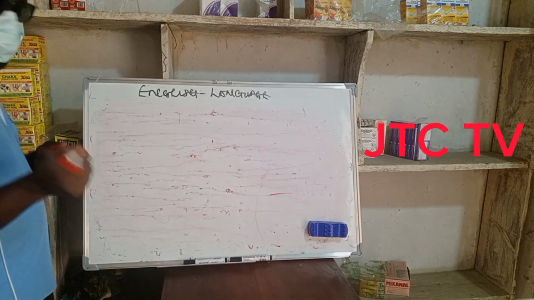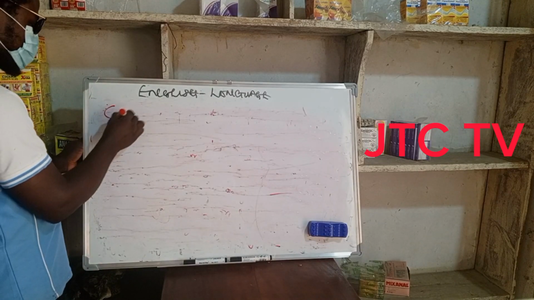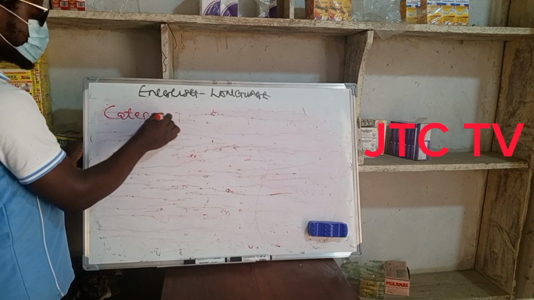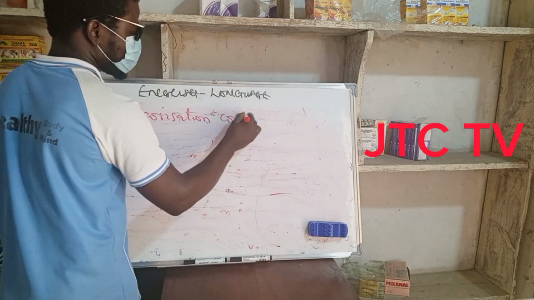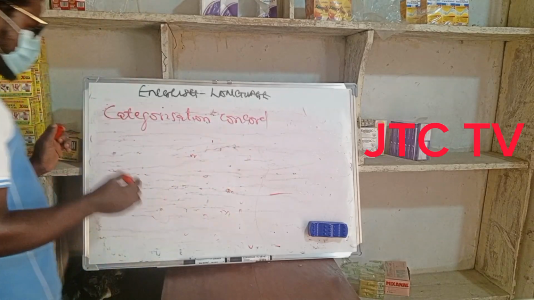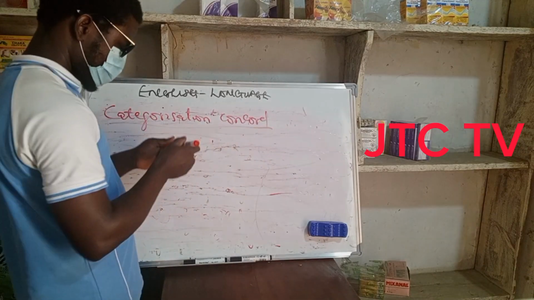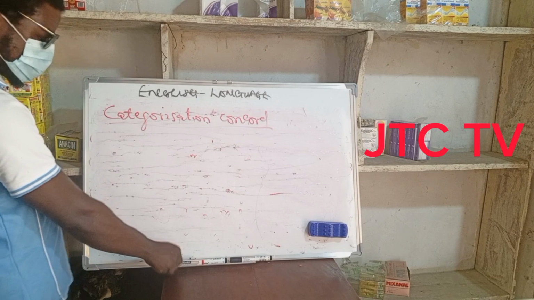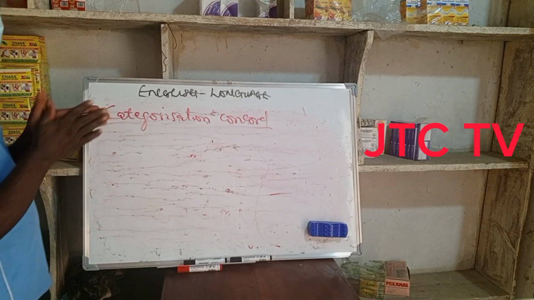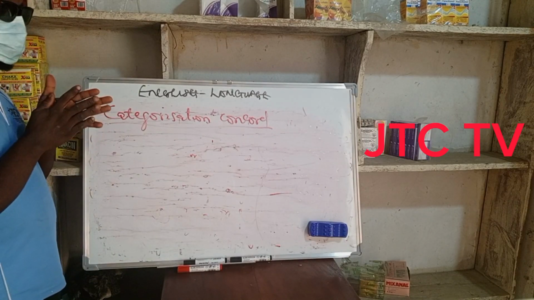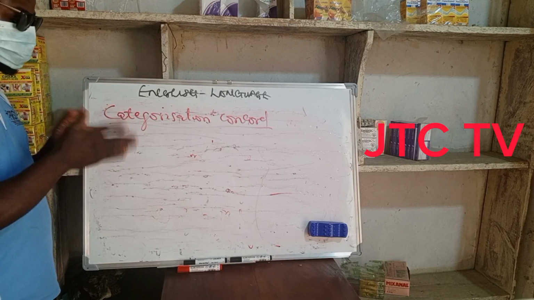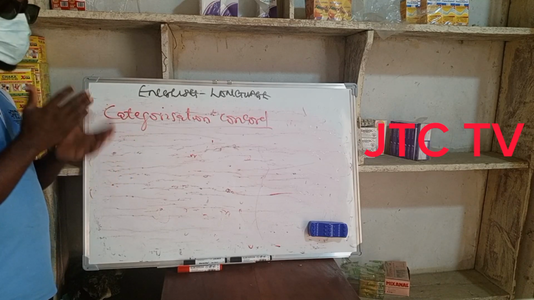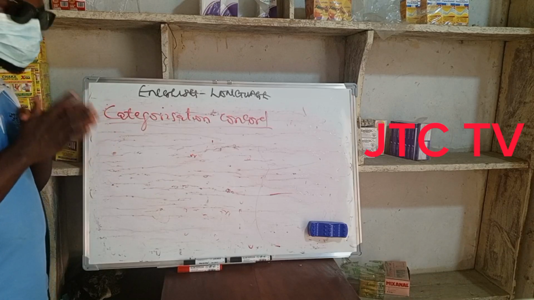So the next one is categorization concord. Categorization concord. So now what does categorization concord mean? In categorization concord, whenever words denoting categories are used in a sentence, the verb of that sentence should be plural.